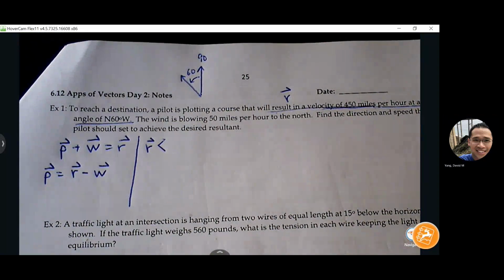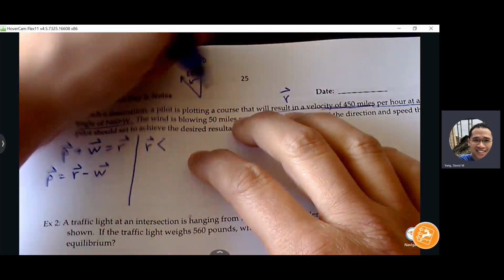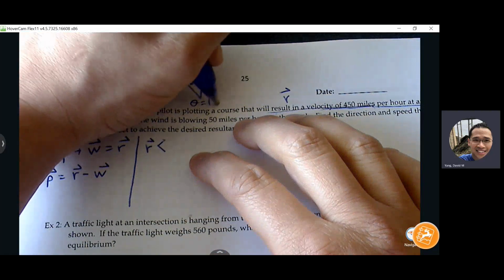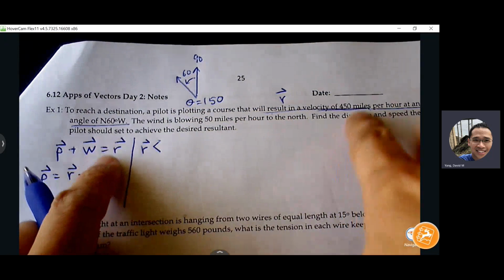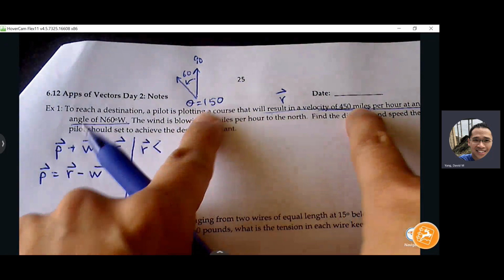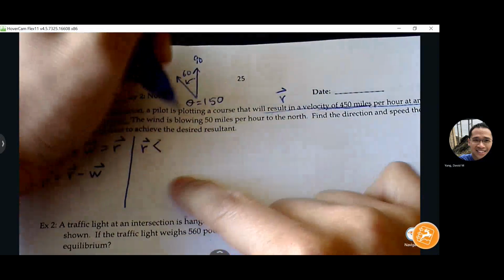So what is the standard position of north 60 degrees west? 150, right? Because I'm starting at 90 and I'm going into the second quadrant, so I have to add 60. So my theta is 150. I have my magnitude, I have my direction, so I can use sine and cosine to get it into component form.